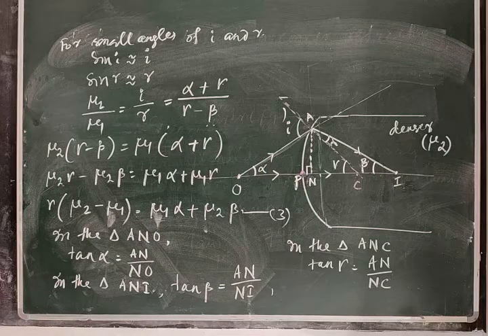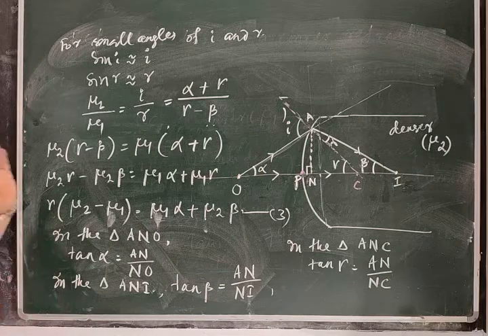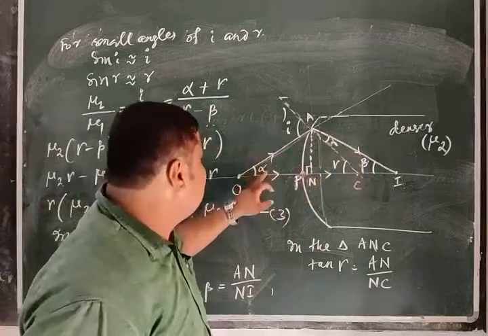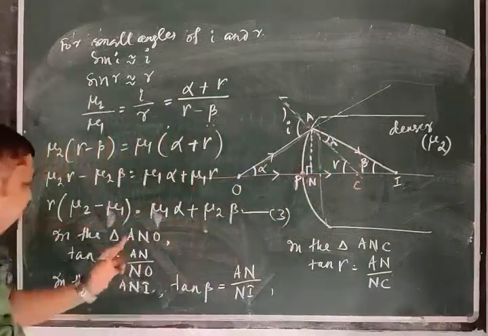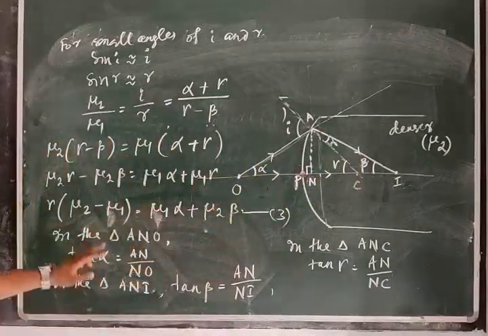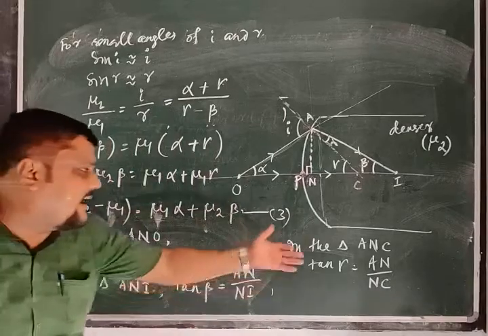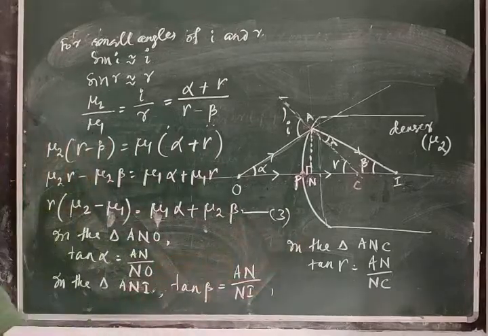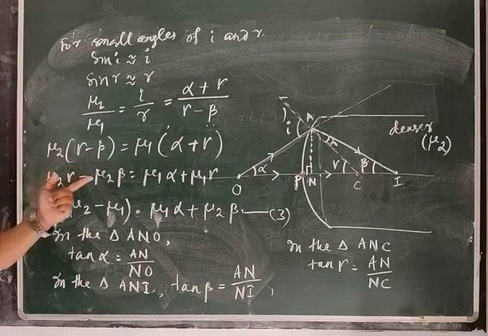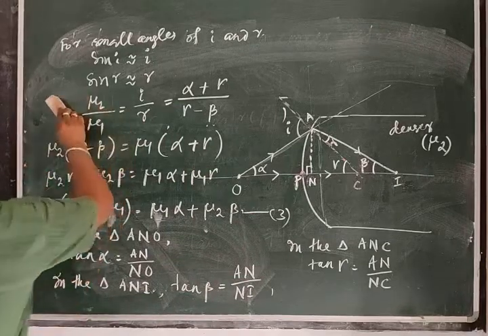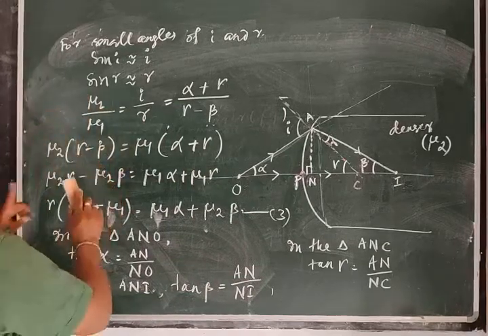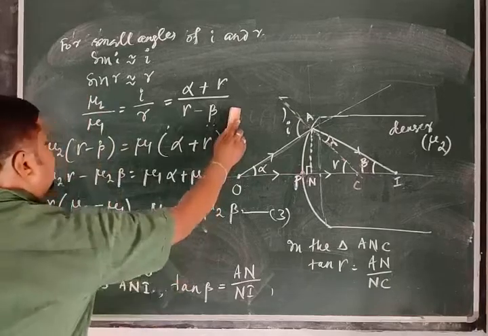For small angles of alpha, beta, gamma, as in the assumption, the incident ray and refracted ray make small angles with the principal axis. So tan alpha equals alpha, tan beta equals beta, tan gamma equals gamma. This is also for small aperture.